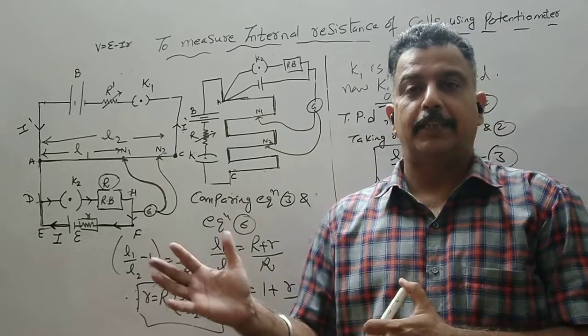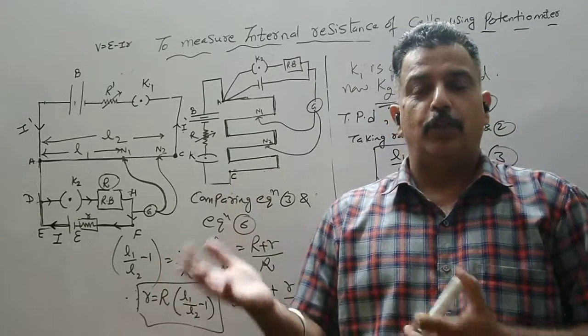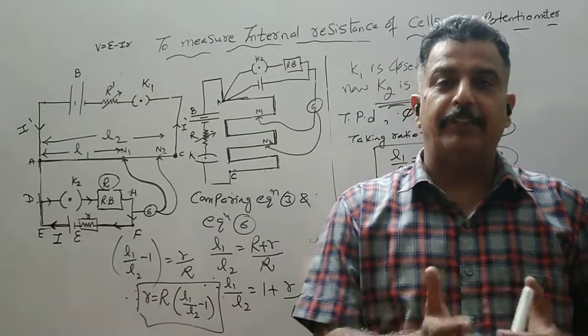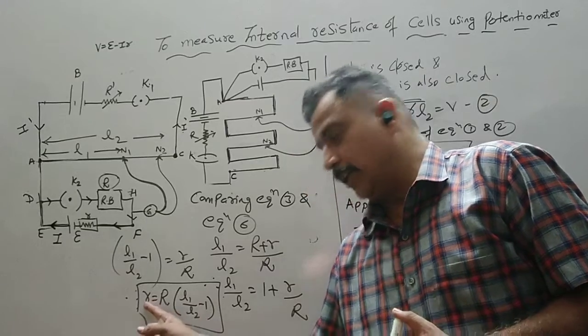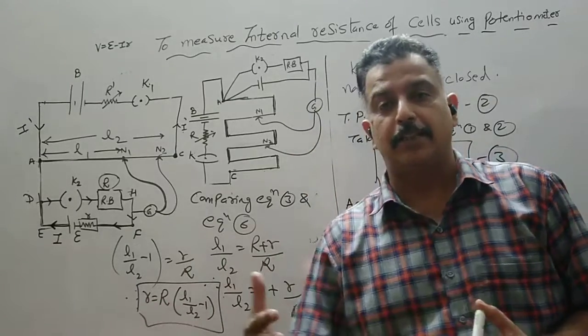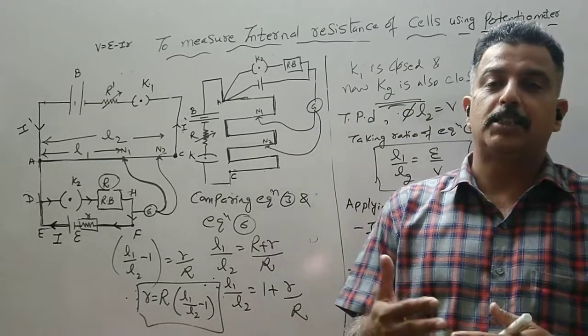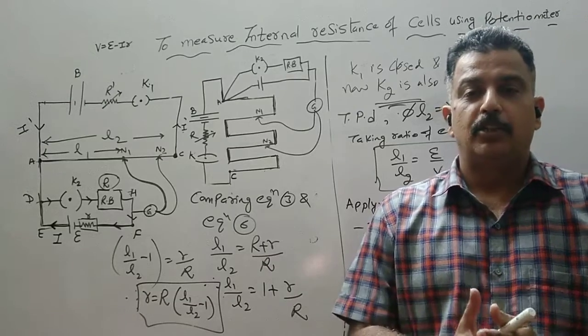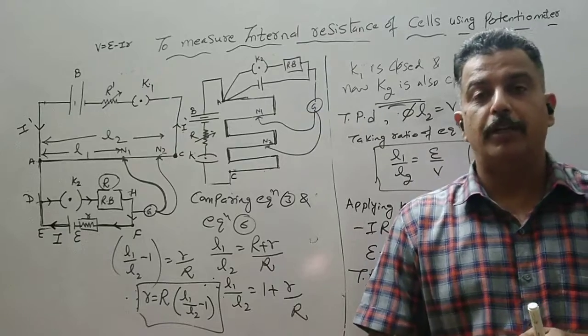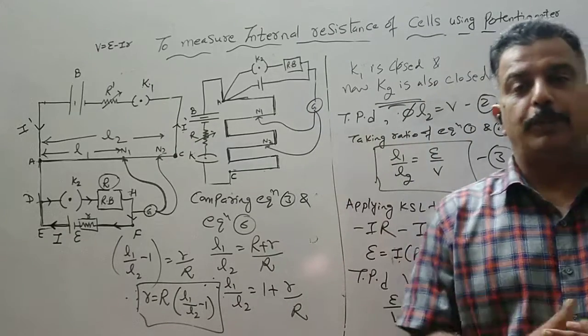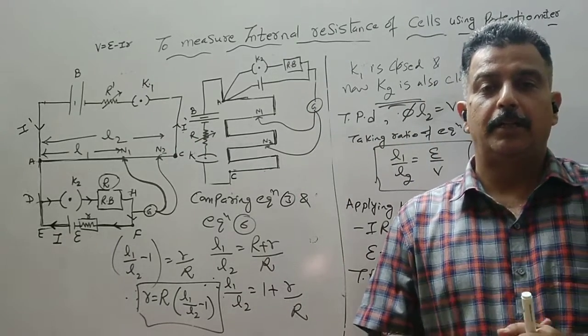In the first set, you get L1 and L2. In the second set, you get E and V. When we compare, we get a relation between the internal resistance and the external resistance we have adjusted to obtain the null point. So this is the use of a potentiometer to measure the internal resistance.